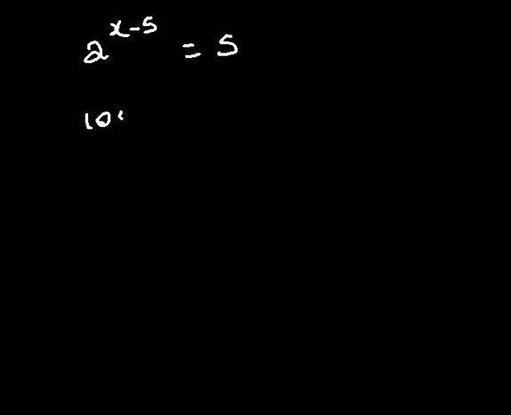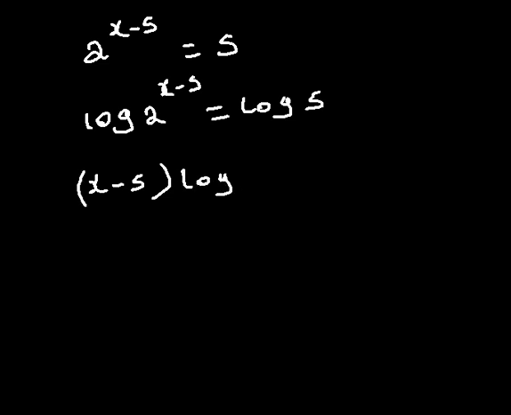We introduce log on both sides: log 2 to the power x minus 5 equal to log 5. Then we have x minus 5, times log 2, equal to log 5.